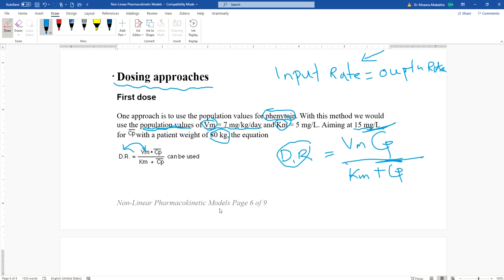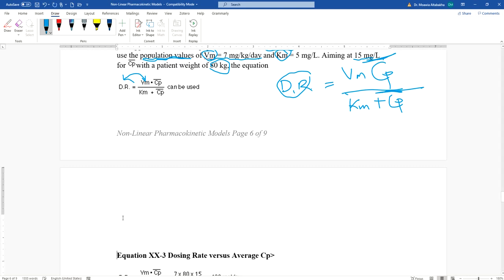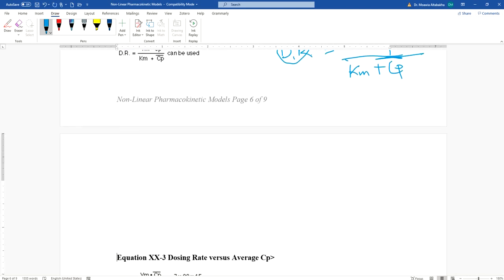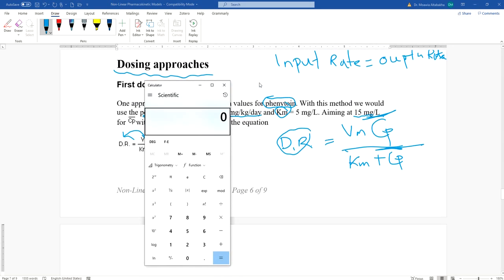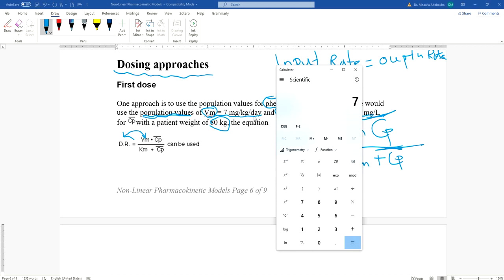As such, we can calculate the Vm for this 80 kilogram patient. So here we have 7 milligram per kilogram every day, and we multiply it by 80 to get the Vm for this patient.